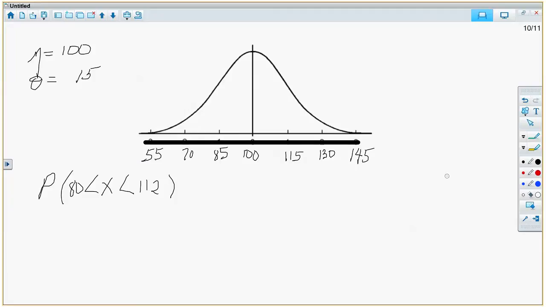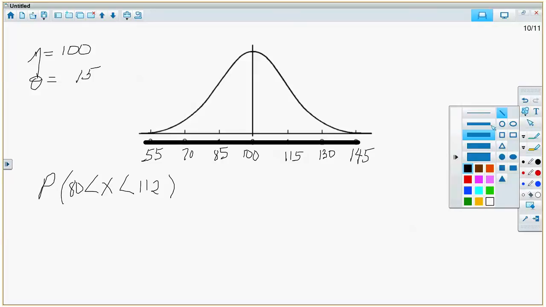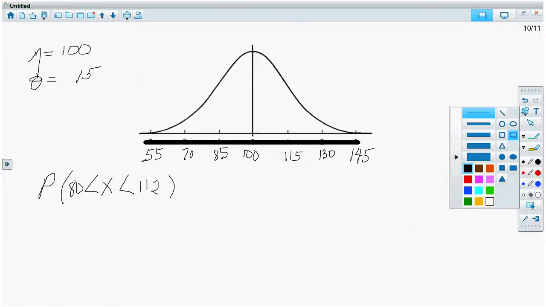Now I'm going to take my handy dandy rectangle maker, and I'm going to make it magenta.